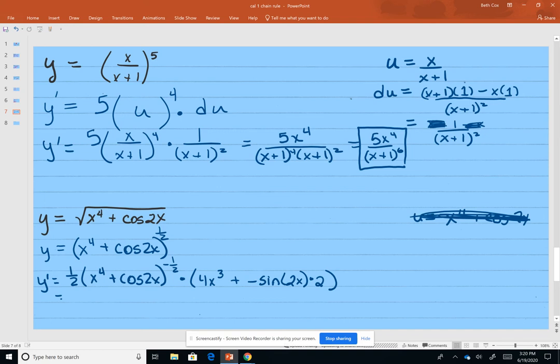There it is. Okay. All right. So now this is going to give me, let's look at, this is 4x to the third minus 2 sine 2x. Okay. Now let's look at numerators and denominators on that.